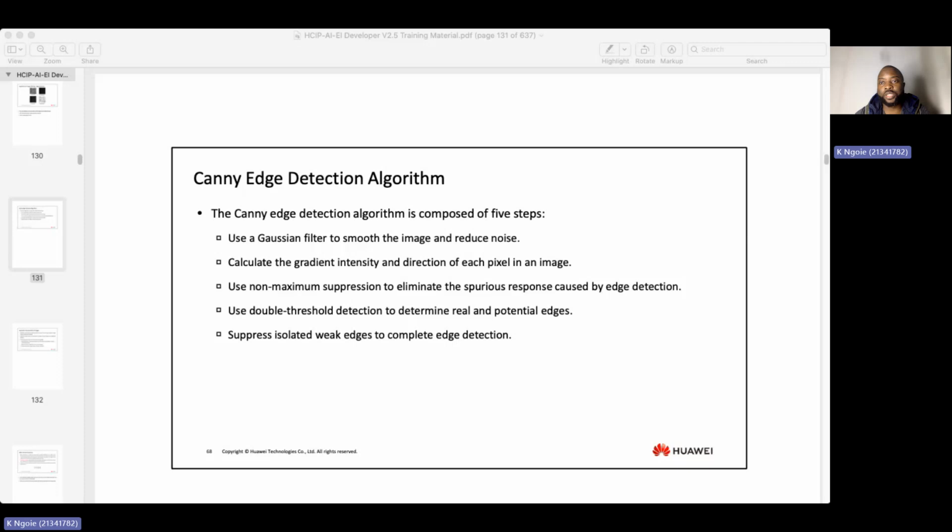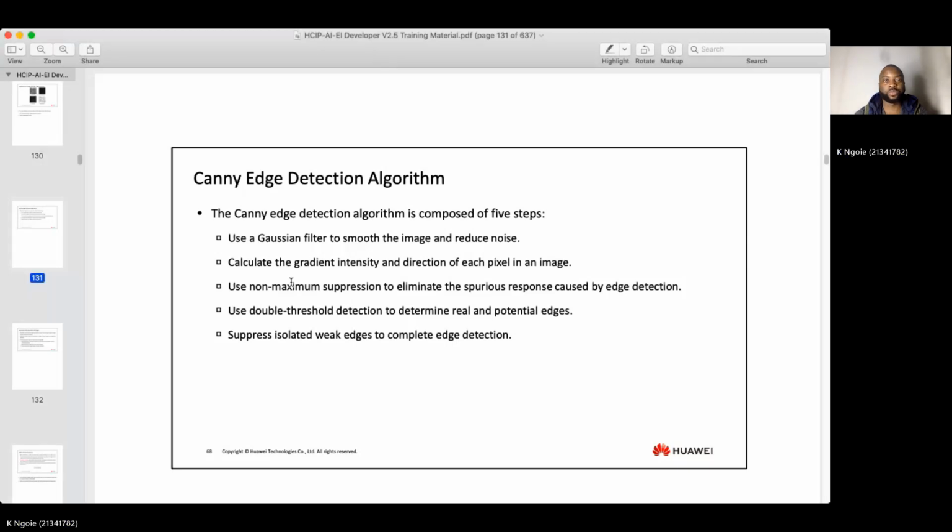The last thing that we did was the Canny edge detection algorithm. I mentioned that the Canny edge detection algorithm is composed of 5 steps.